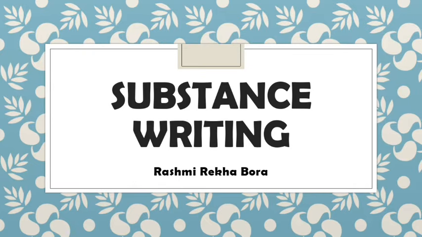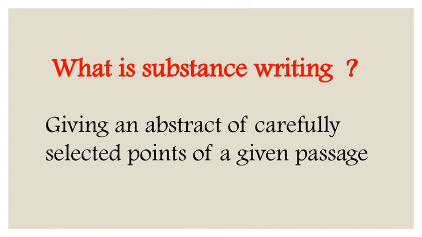Before going to write a substance, we must know what substance writing is. Substance writing means giving an abstract of carefully selected points of a given passage. In the question paper, you will be given a passage. You have to read it thoroughly and give an abstract or the main points.